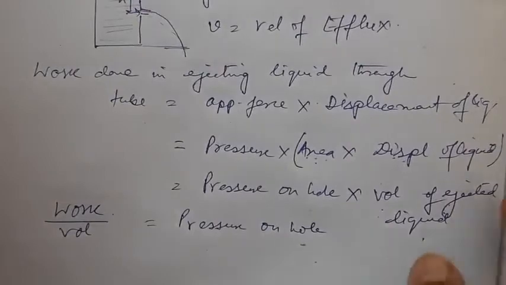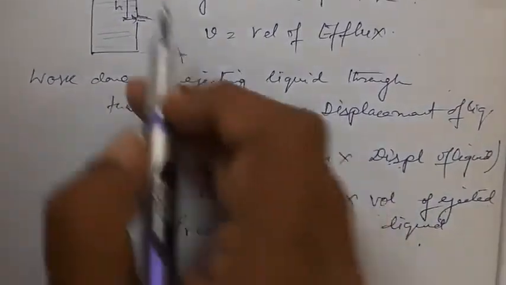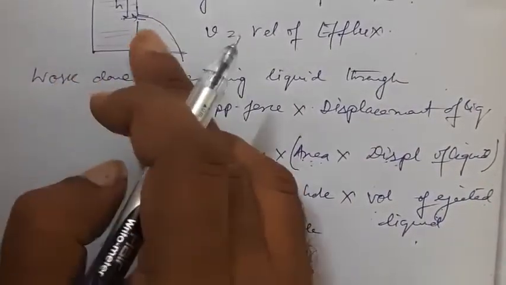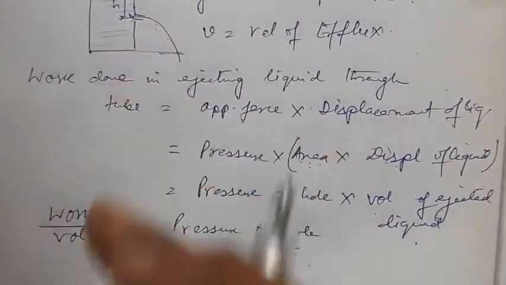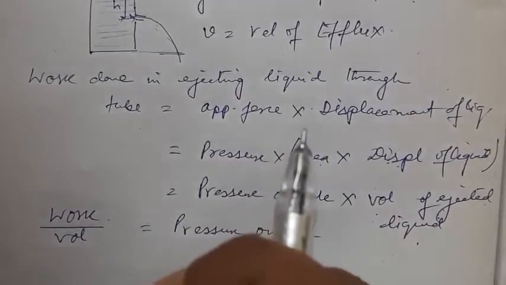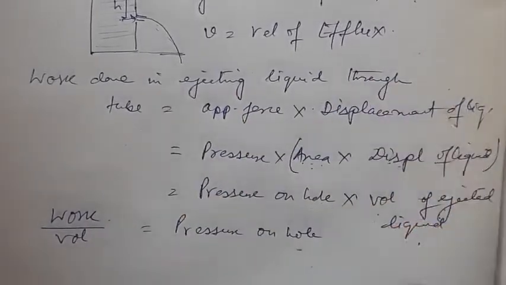Now, work is converted into kinetic energy per unit volume of the liquid because the water is moving out with a speed. So this work gets converted into the kinetic energy. Now, if the density is rho and the velocity is v, rho means mass per unit volume of the liquid, and the kinetic energy per unit volume is half rho v square.